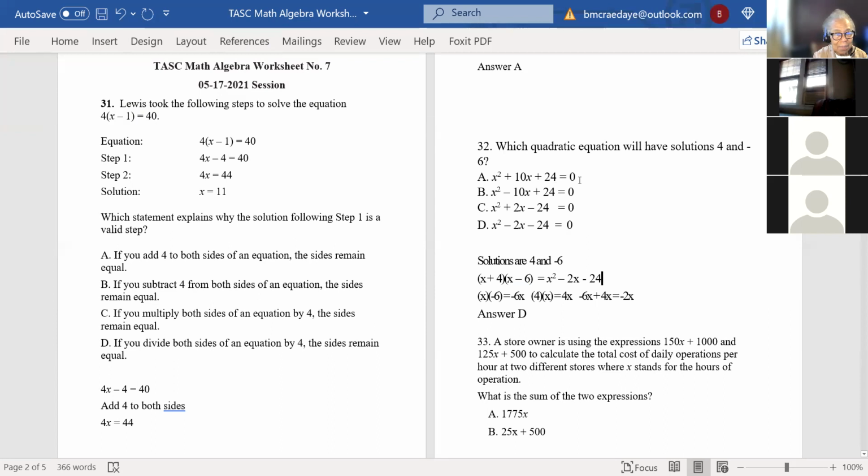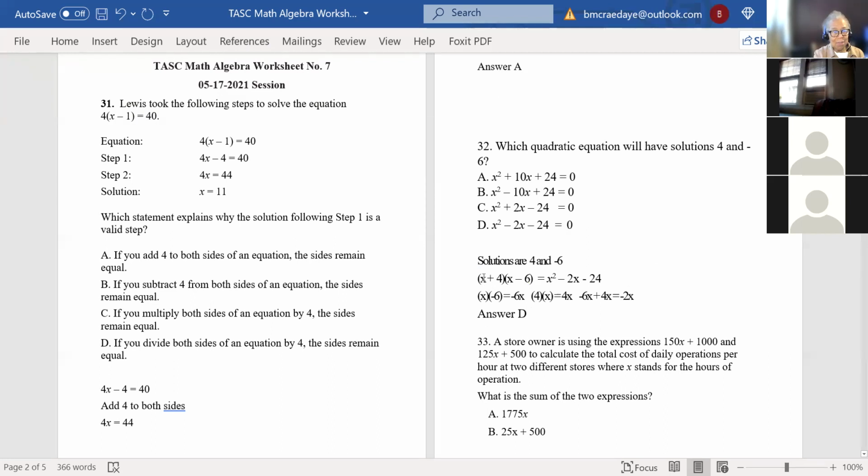Give us a 24? The plus 4 times the minus 6. You take the x here and multiply it by x, and x times a minus 6. Then you take a 4 and multiply it by x, and also 4 times the minus 6, which gives you the minus 24. So that's how your answer is D.